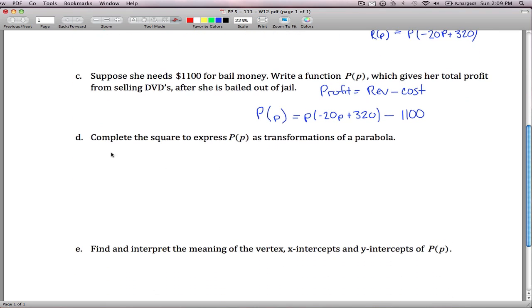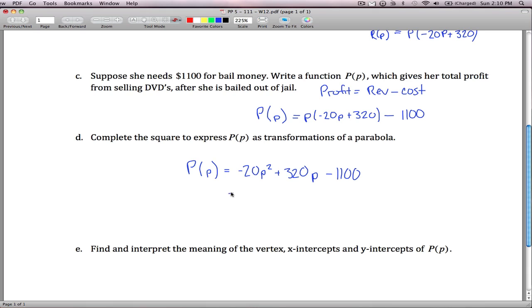Okay, all of that was just so we can do part D. Part D, we're asked, okay, you're given this mess, write it as a transformation of our standard parabola. So what you want to do there is first distribute that P through. So we got profit is equal to negative 20 P squared plus 320 P minus 1,100.